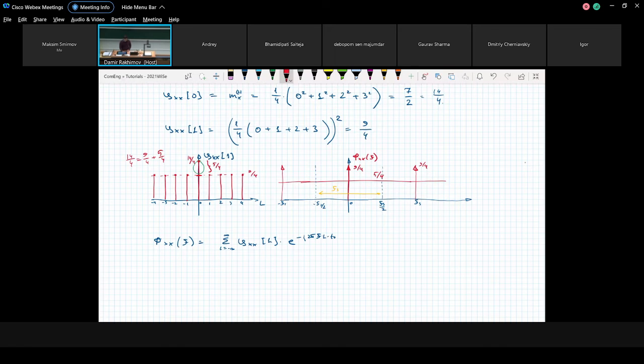This 9 over 4 comes as one part at origin of the sequence of the remaining delta pulse. But then you have the remaining component, this 5 over 4. And what happens after inverse Fourier transform of this 5 over 4? It comes to a constant. Yeah, this is how we get this result. We split it into two parts, and then see what happens with each.